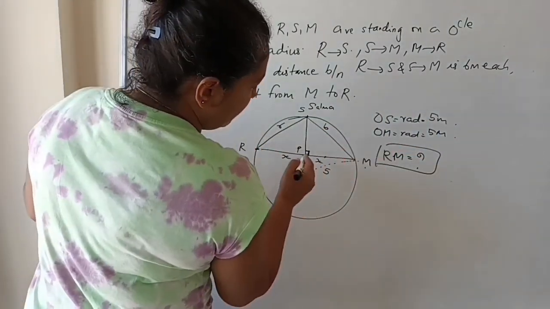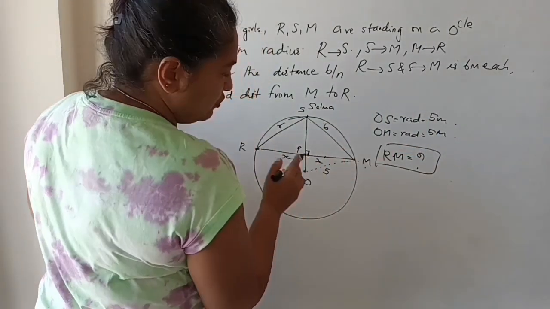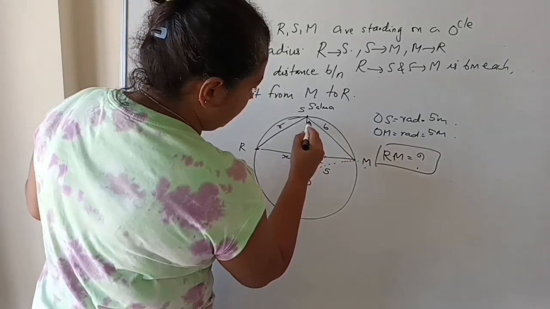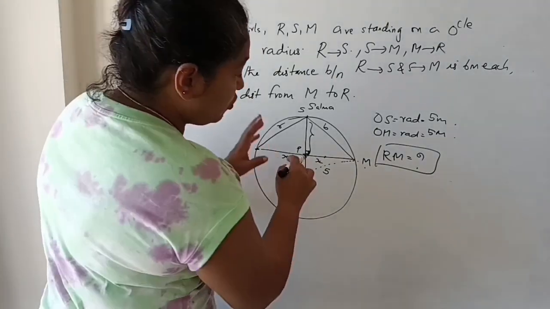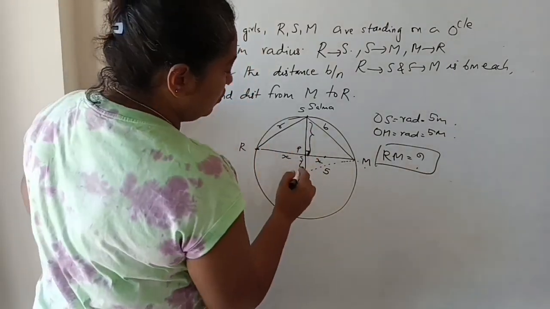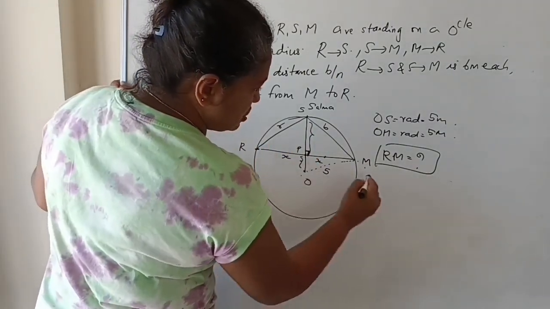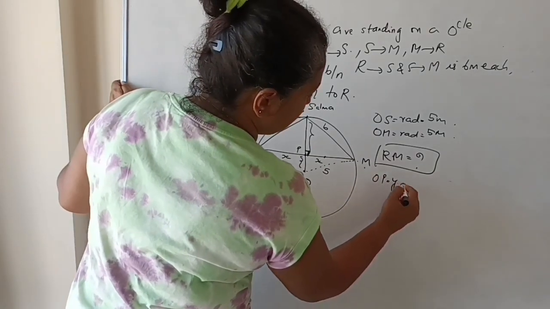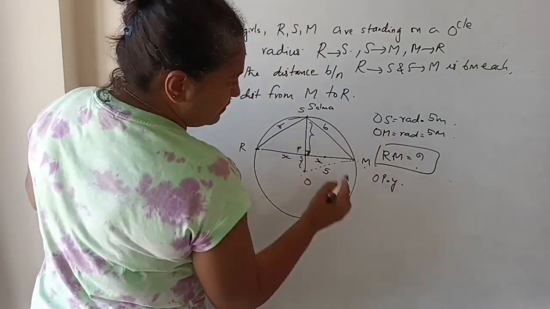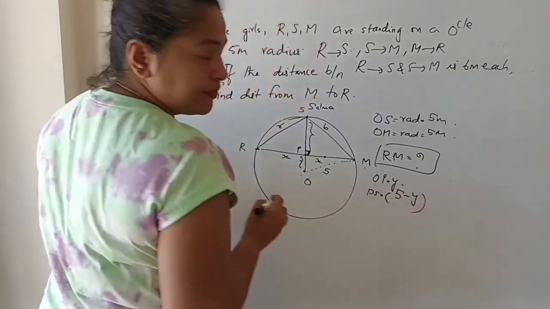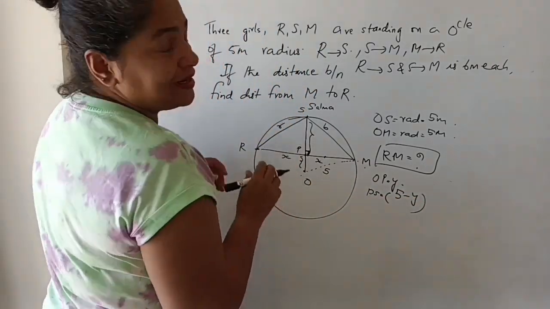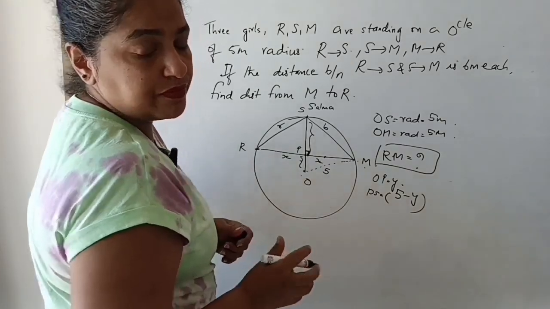But one vertex of the triangle is P, which means that this distance and this distance are important to us. The total distance is 5. If I call this distance OP equal to Y, what can I say about PS? PS is equal to 5 minus Y. Right? Now let us apply the Pythagoras theorem.